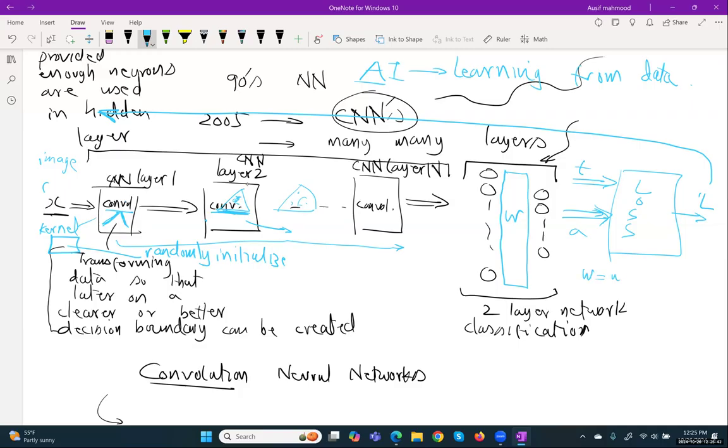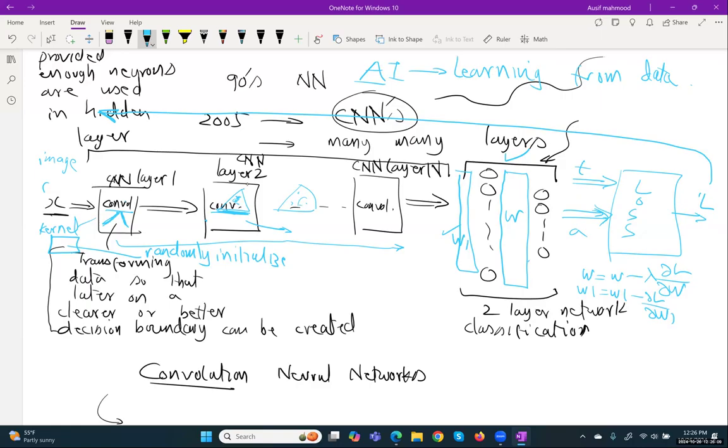W equals W, whatever the old value was, minus lambda partial L over partial W. So this we already are experts at, correct? There's one more weight matrix over here. Of course, we know how to do that as well. W1 equals W1 minus lambda partial L over partial W1, right?